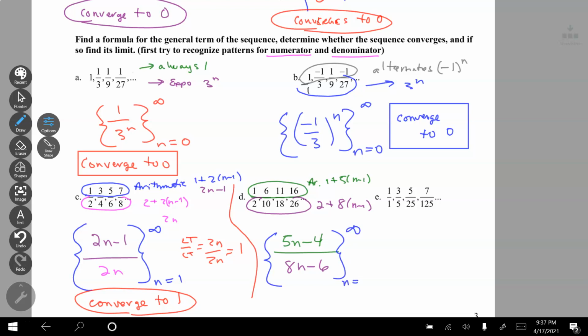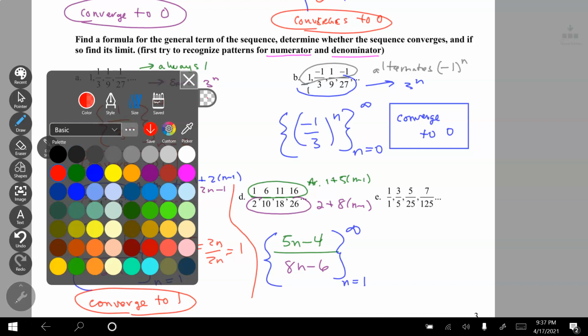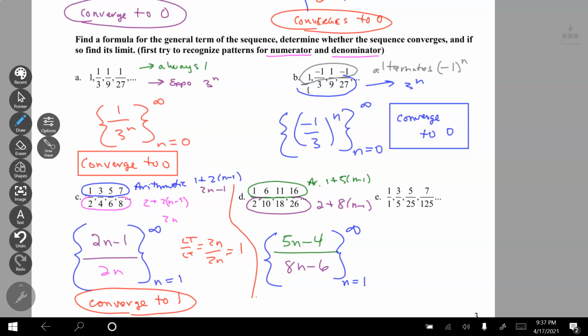And that's not 1/2. So if I plug in 1, I do get my 1 over 2. Again, when I do my leading term over leading term, I get 5n over 8n. So this one does converge to 5 over 8.